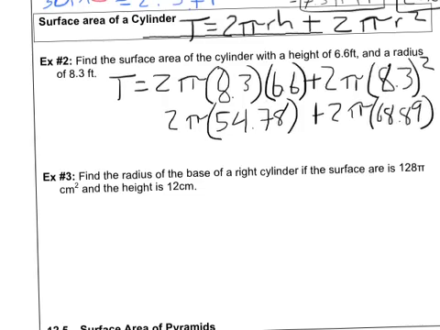68.89. And now we're multiplying both of those by 2 and by pi, so let's just do by 2 here. So this would be 137.78 pi, and 54.78 times 2 is 109.56 pi.